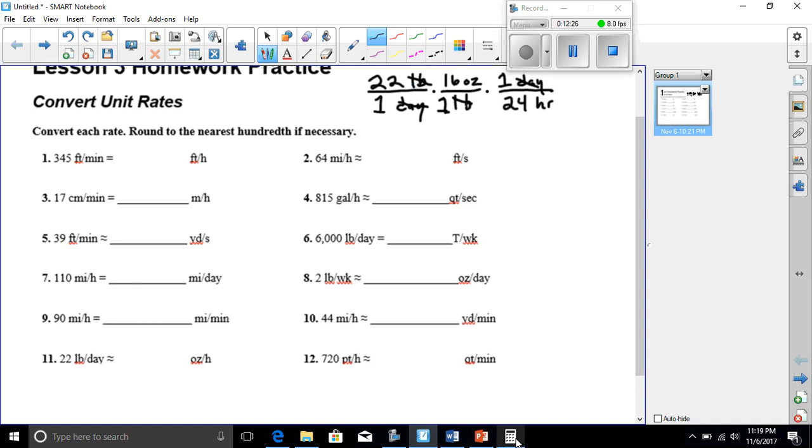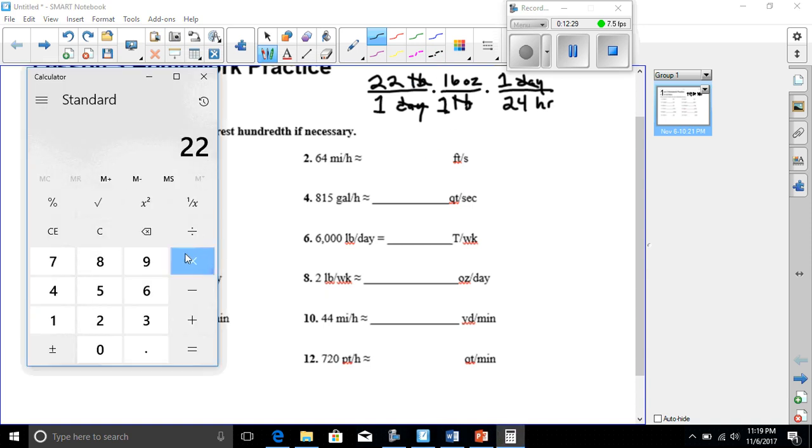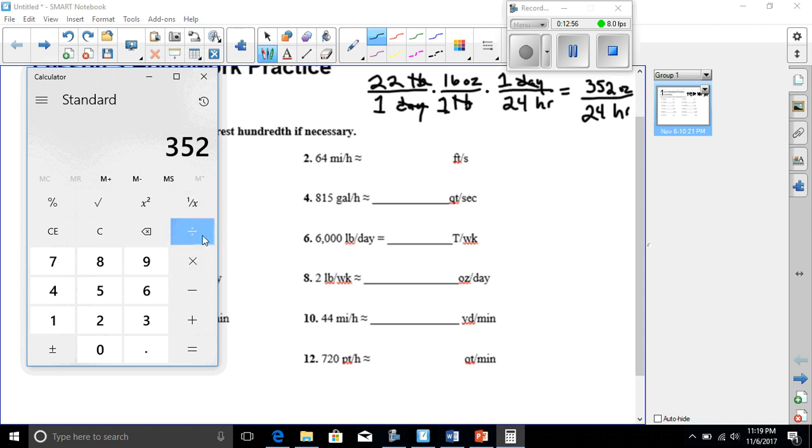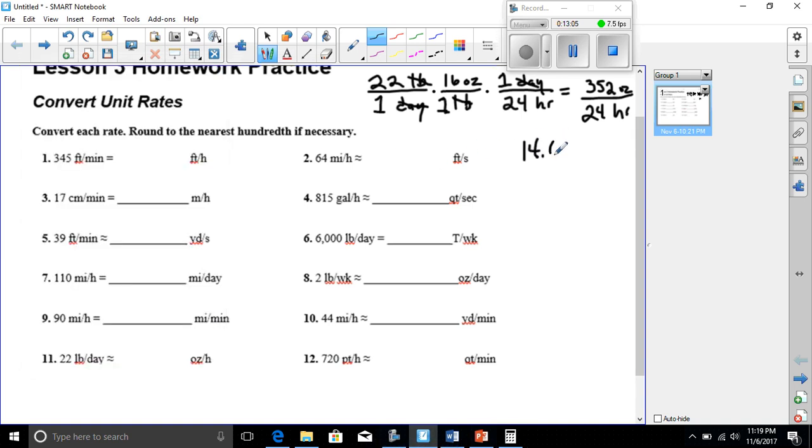22 times 16 equals 352. So this is going to equal 352 ounces divided by 24 hours. What is 352 divided by 24? Well, 352 divided by 24 gives me 14.6 repeated, ounces an hour.